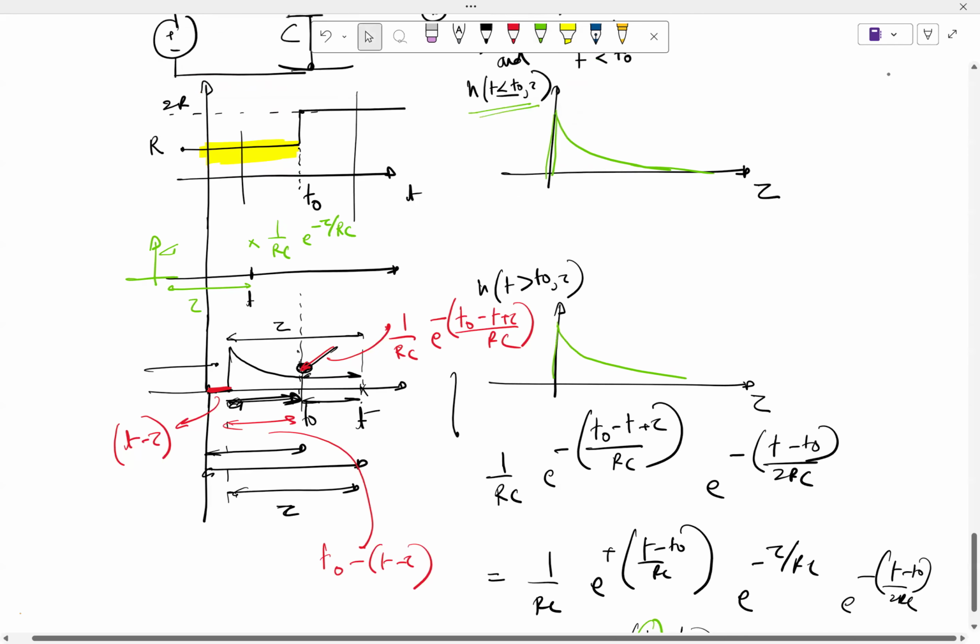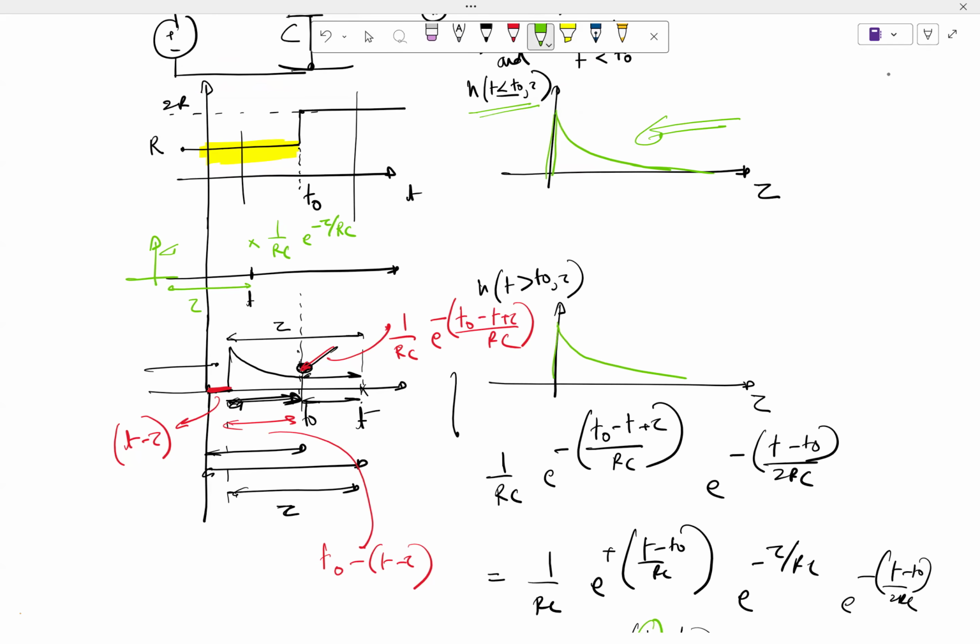In the earlier case, h of t comma tau was not a function of t, because around the time I'm observing, nothing has changed. Here, around the time I'm observing, something has changed, and hence it makes sense that it will also be a function of time.